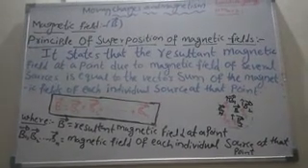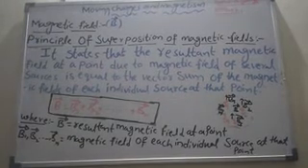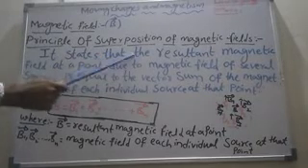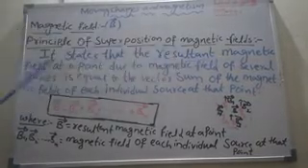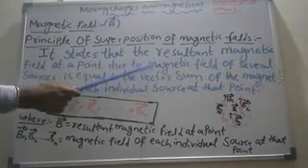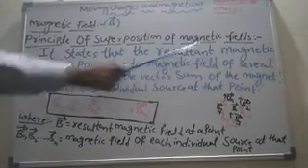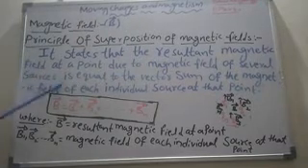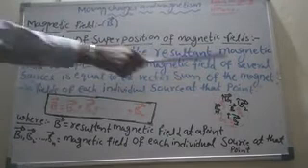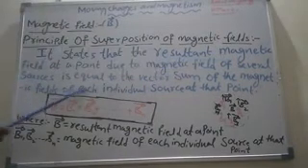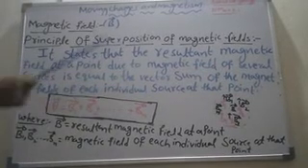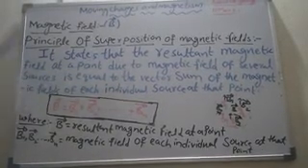The superposition principle of electric field states that the resultant electric field at a point due to several charges is equal to the vector sum of the electric fields of each individual charge at that point. Simple. If you remember one statement, then you can easily write the other.